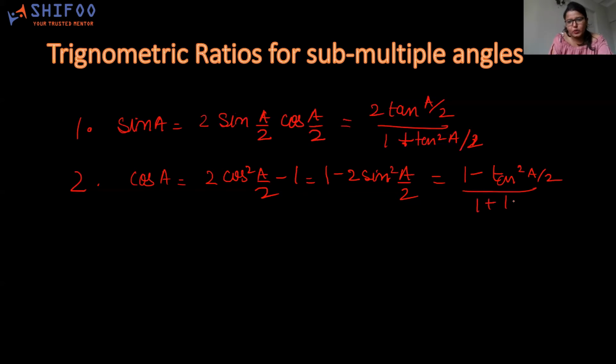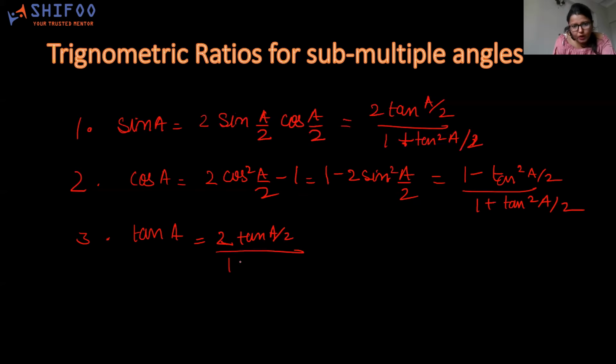Alright, then we have tan A as well. So you can write tan A as 2 tan A by 2 upon 1 minus tan square A by 2.